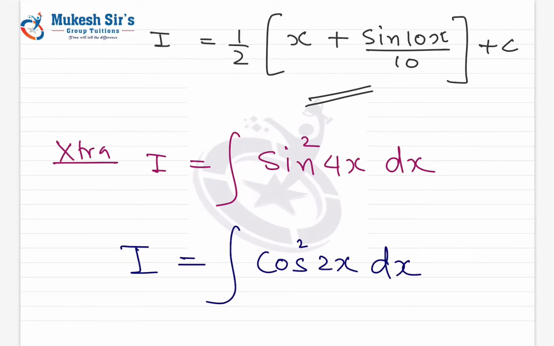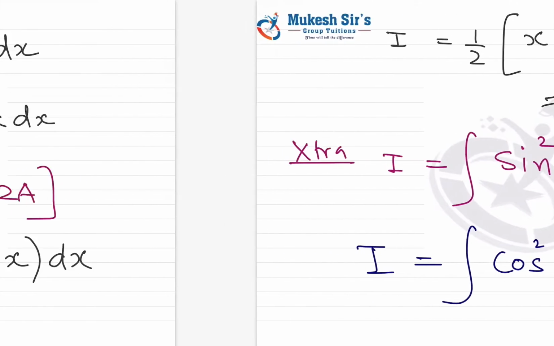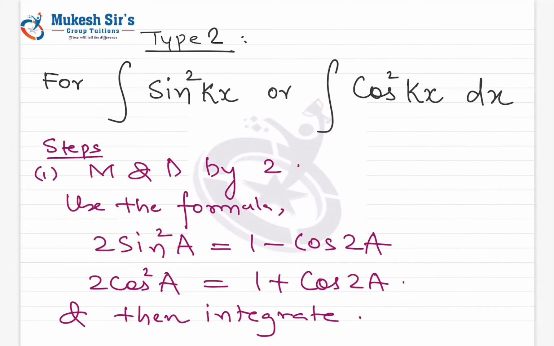Multiply and divide by 2, use the formula and then integrate. Clear? That was type 2. So for sine square and cos square, you have to multiply and divide by 2, use the formula and solve.